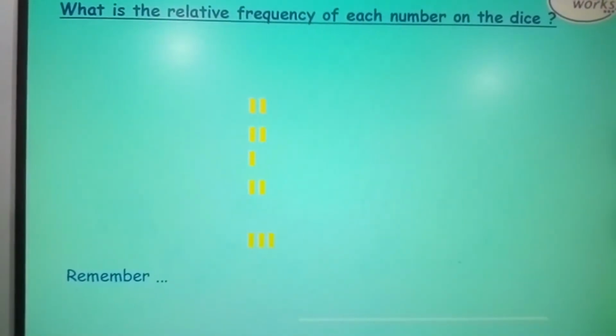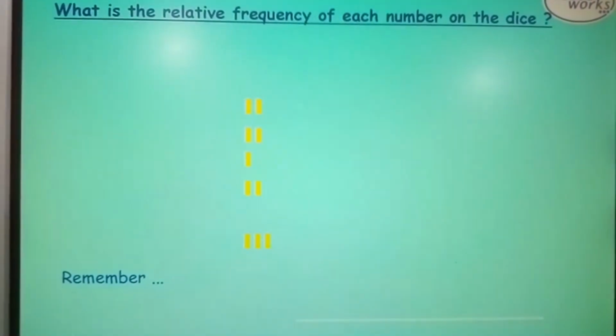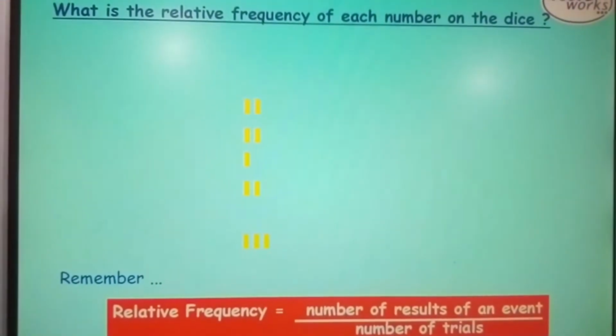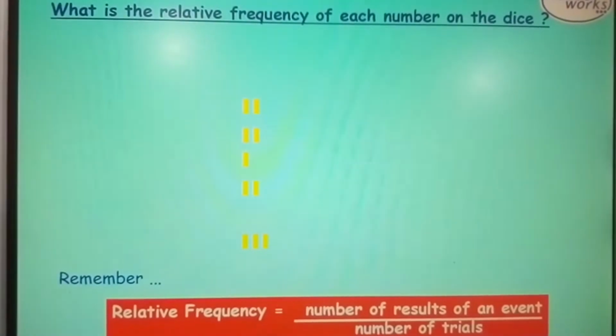Now, what is the relative frequency of each number on the dice? Now, remember that relative frequency equals number of results of an event over number of trials.